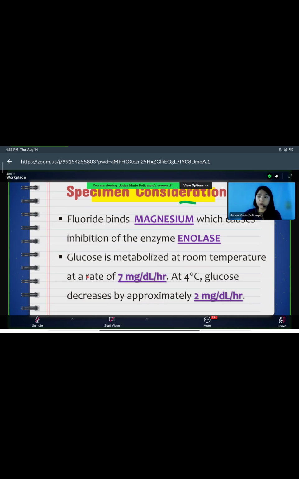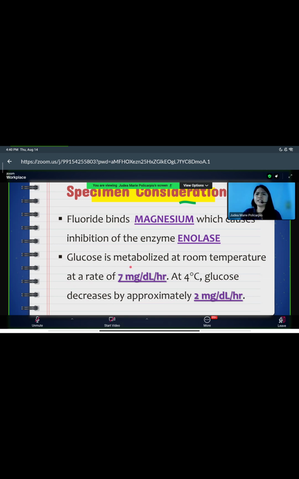Biruin mo, isang oras mo lang maiwan sa room temperature, 7 agad ang mababawas. Malaking deal ba yun? Is that a big deal? Yes, definitely. Isang oras mo lang maiwan yung specimen mo sa room temp, 7 na agad ang mababawas. So therefore, importante talaga na nagpe-prevent tayo ng glycolysis.